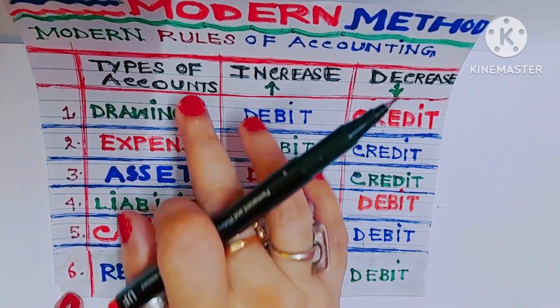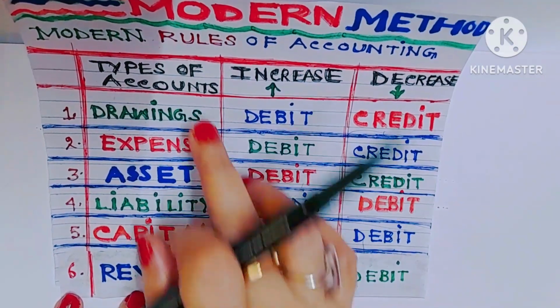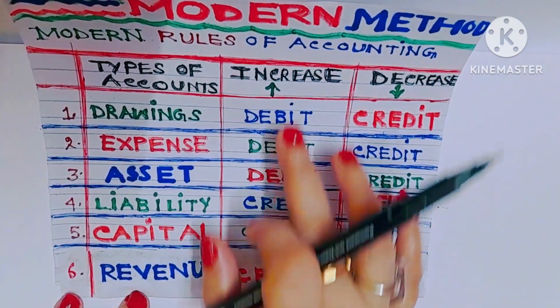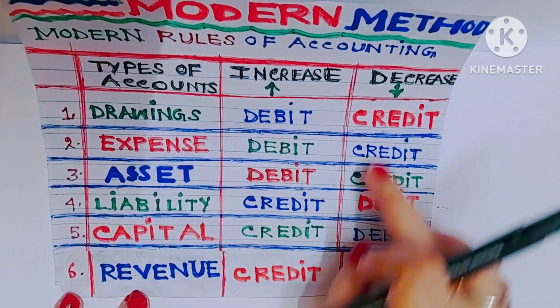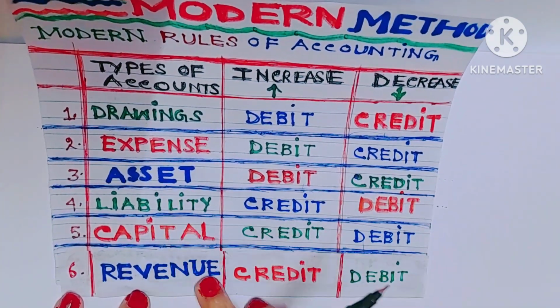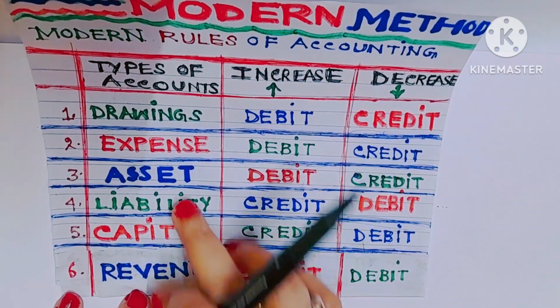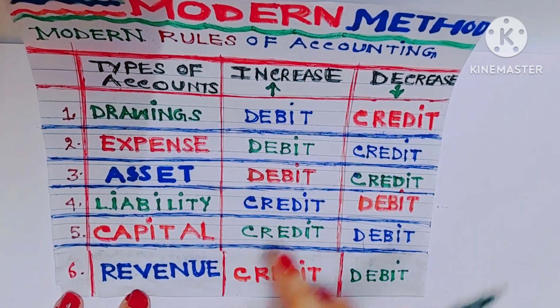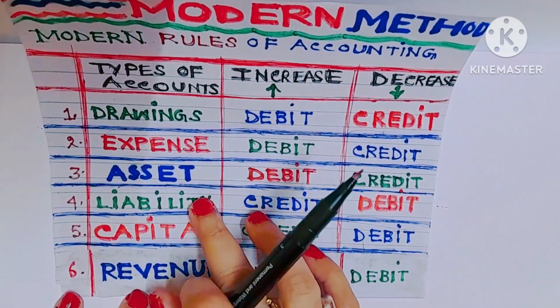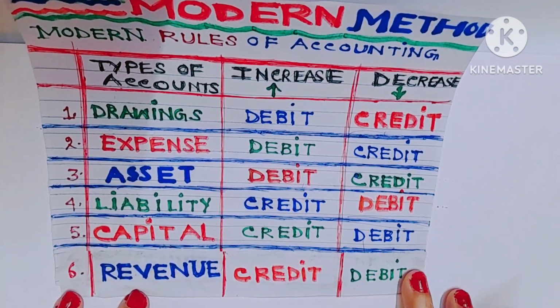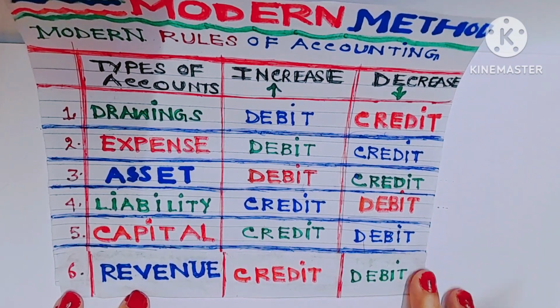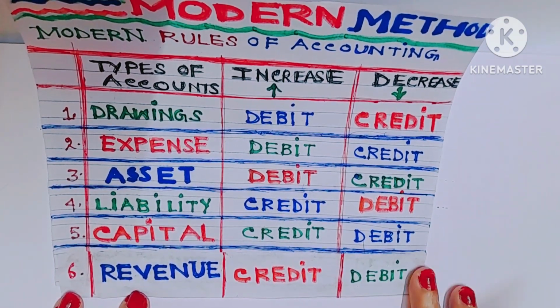The first three accounts are similar. If these three accounts are increasing, they should be debited. If these three accounts are decreasing, they should be credited. And the last three accounts are also similar. If the last three accounts are increasing, they should be credited. And if the last three accounts are decreasing, they should be debited. This is the modern rules of accounting or modern method. Understood?